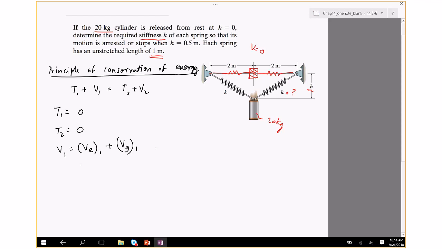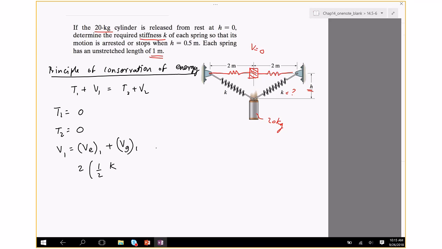VE1 is the energy of each of those two springs. What I notice is that both those springs are stretched or unstretched equally, so I'll just find the energy of one spring and then multiply it by 2. So 2 times the energy, half K, and the definition for energy is half K times the stretch squared.